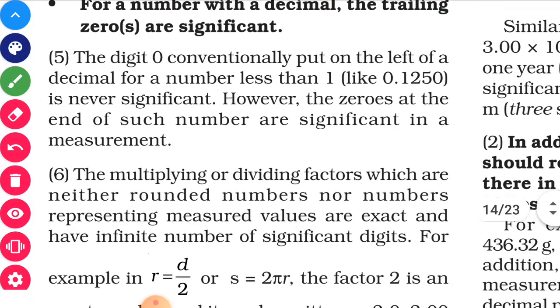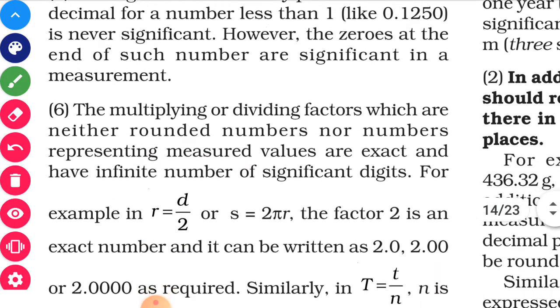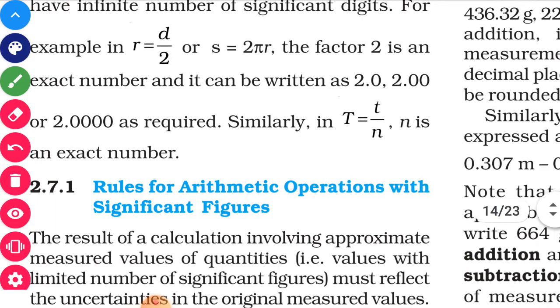Now the digit 0 is conventionally put on the left of the decimal for a number less than 1. So we are writing it in this way: 0.1250, this 0 is never significant, or this 0 is not significant. Okay, these 4 digits 1250 are the significant figures. Okay, so this way you can understand this.